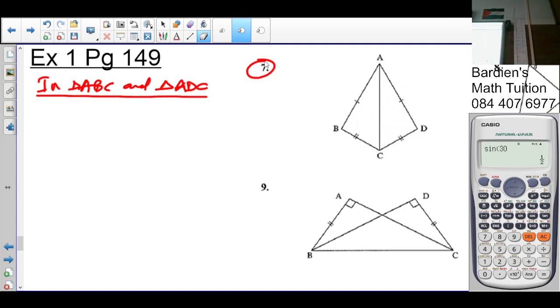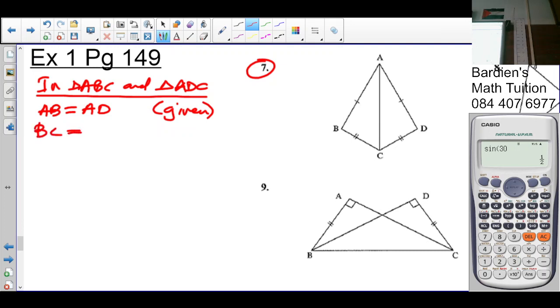What can I say first? AB is equal to AD. Why? Given. Another one. BC is equal to CD. Why? Given. Then AC. Angle A is common? No. They have different angles.